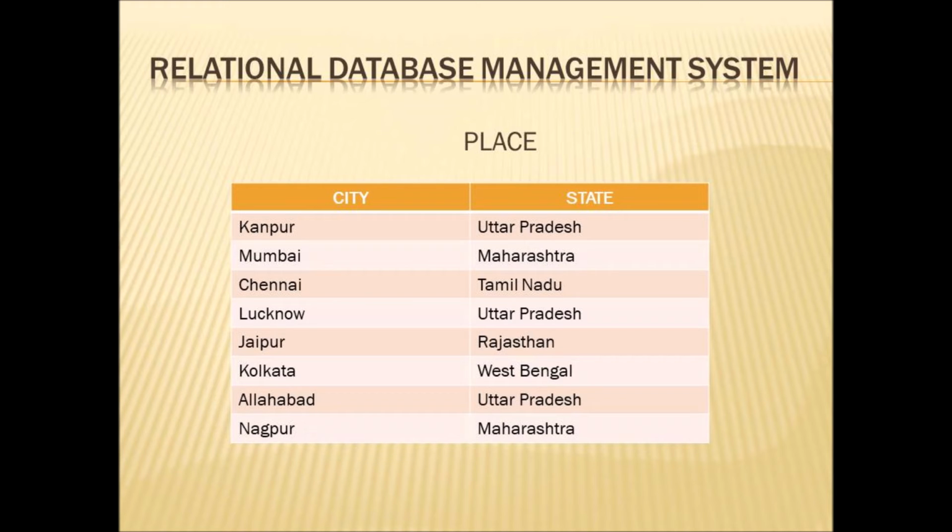I already told both these two tables are independent and are clearly related. That is, the city name in one table is related to city name in another table. This relationship is the basis of relational database management system.